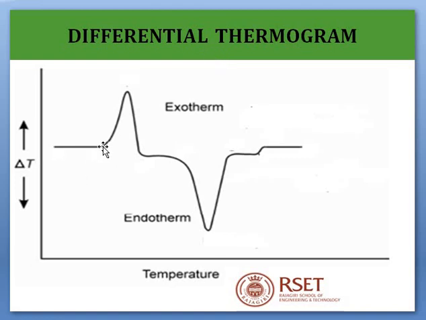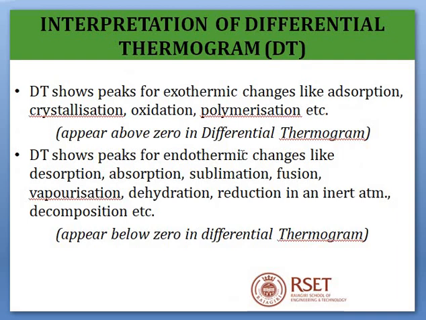It consists of two types of peaks. One is an exo peak, an upward peak, that is above zero value, and one is an endo peak, that is below zero value. It is also called a downward peak. And if there is no reaction, then you will get a line passing through zero value. What does it mean, this exothermic peak and endothermic peak?